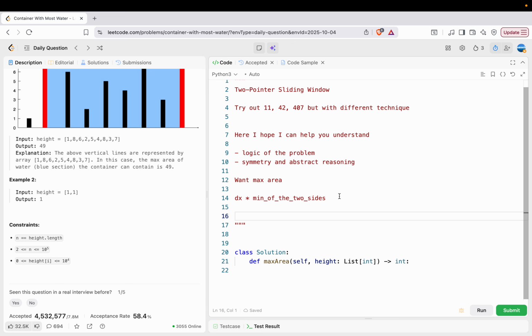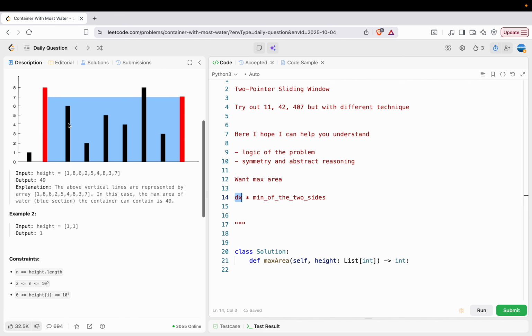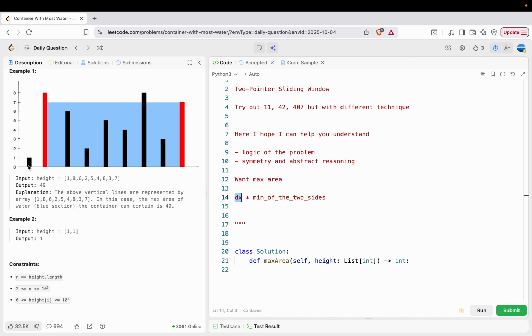Once we realize this point, we can first target maximizing dx. How do we maximize this dx? For sure, we put the first one at one end, and the other one at the other end, right?